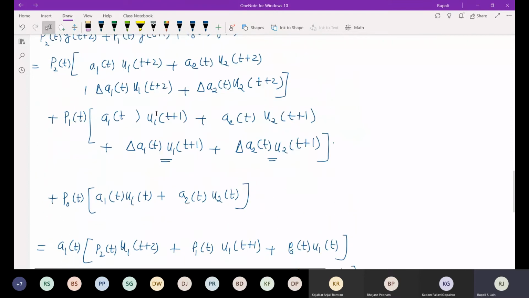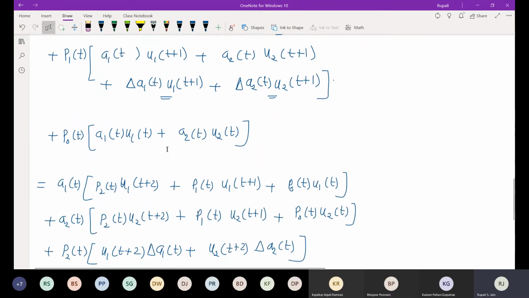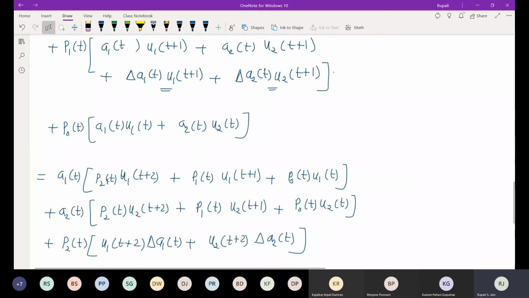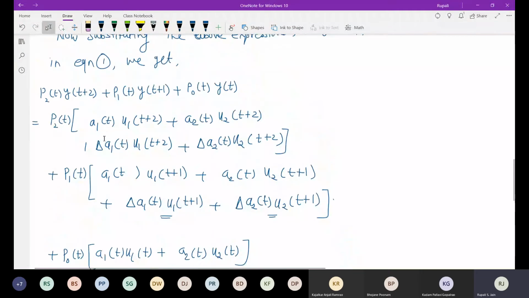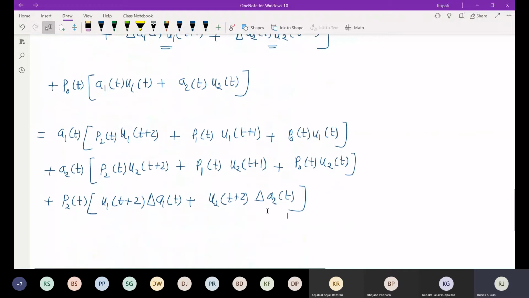See here, I am taking a1t terms common first, then a2t. Is that okay? And the remaining terms we have written like this.